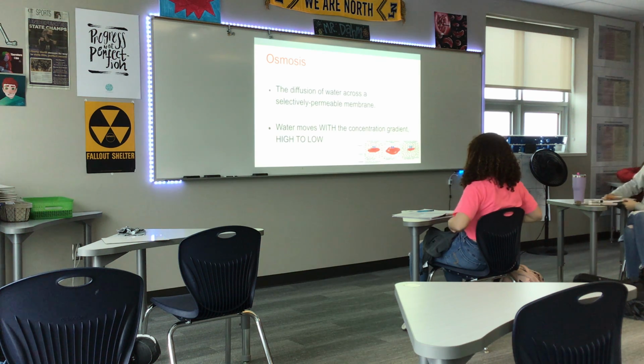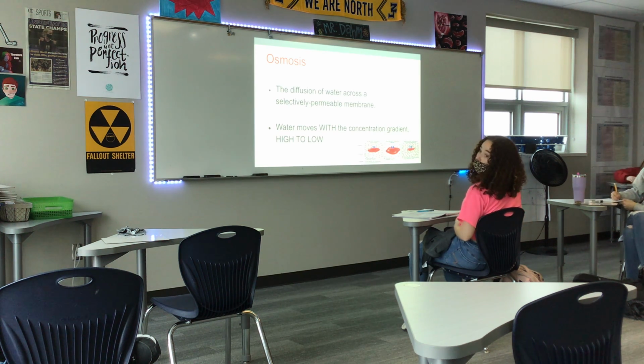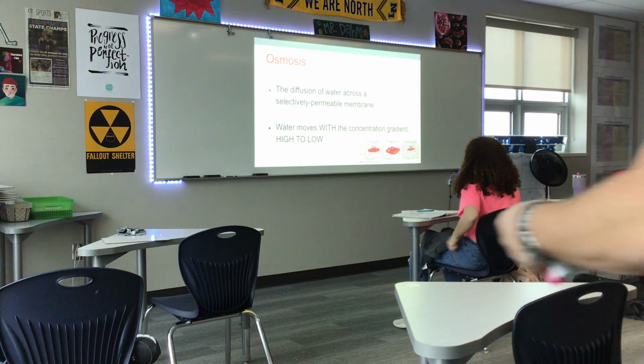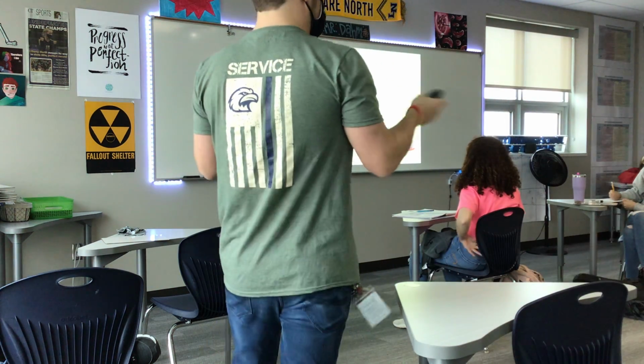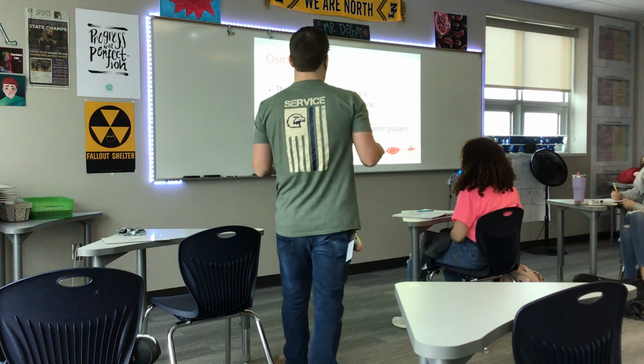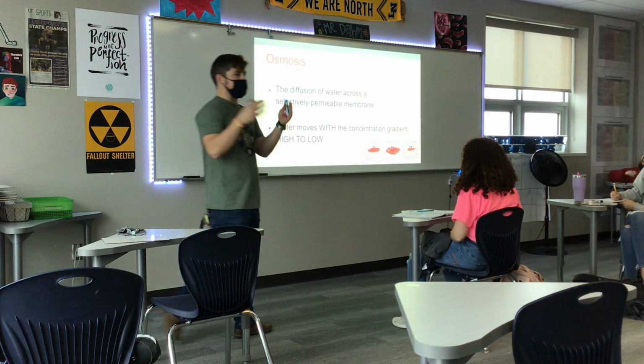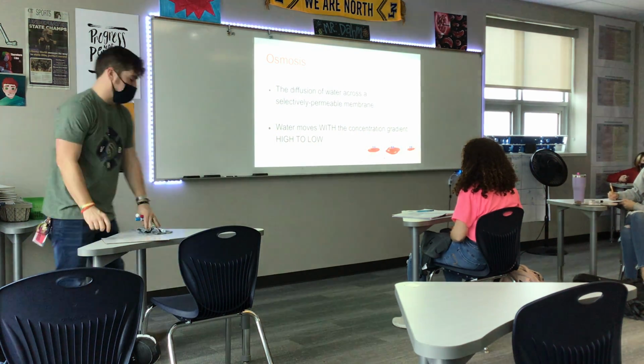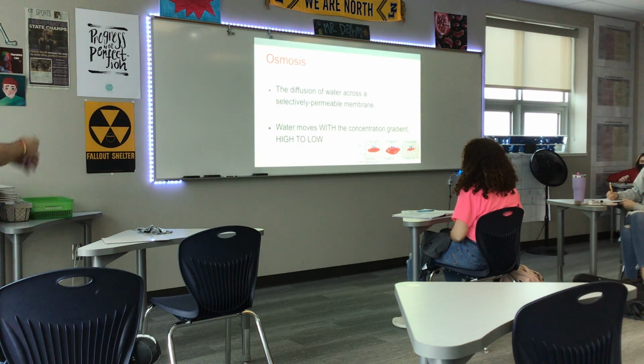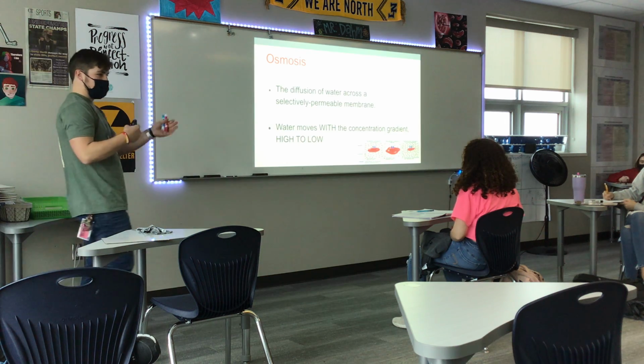So osmosis, there are 3 solutions or 3 examples that you will find your cells in that will determine how water moves in and out of them. We're going to talk about those 3 situations, those 3 solutions today. Again, just to recap, osmosis is the diffusion of water across the membrane.